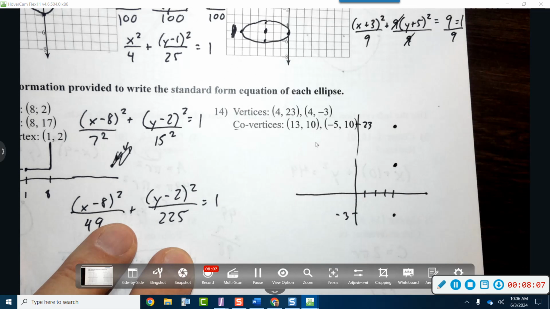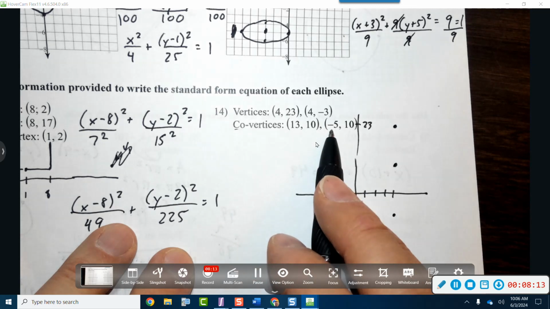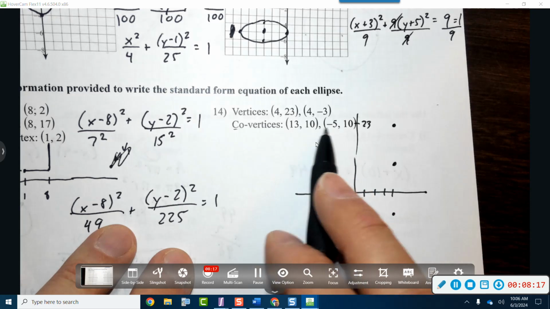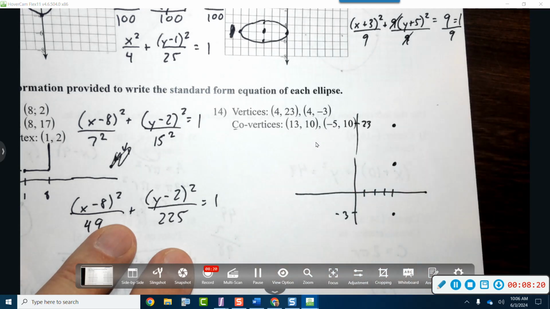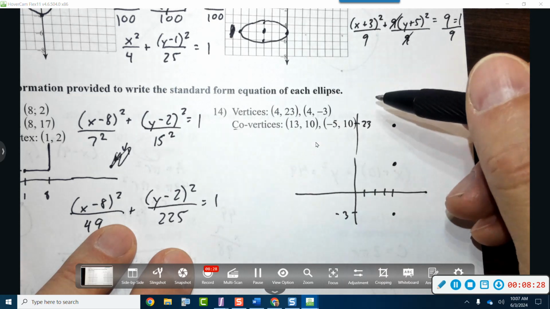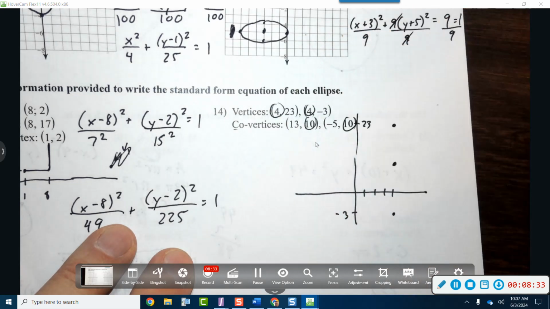Now, we don't know what that is, okay? But my guess is that it's probably going to be 13, -5, because that's, this is 10. But let's see. No, it's not going to be this. No, it's going to be 4, 10. Oh, yeah, that's it. 4, 10.